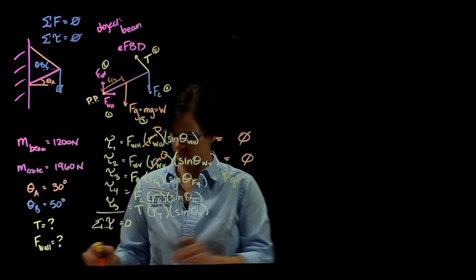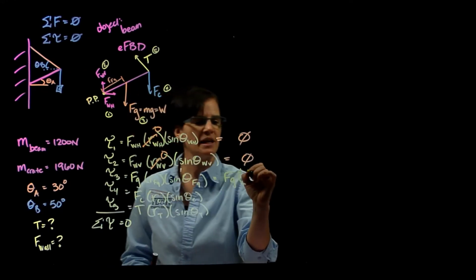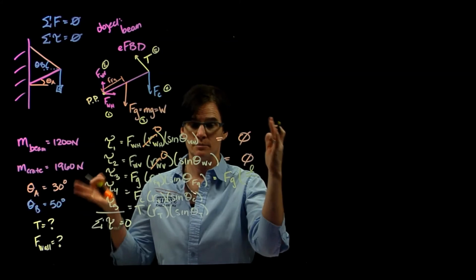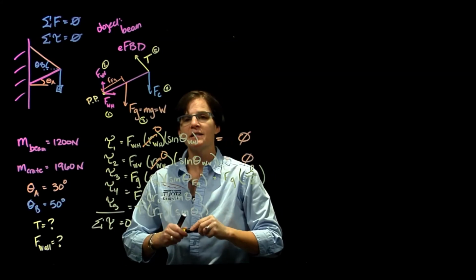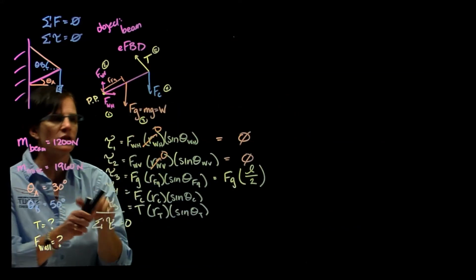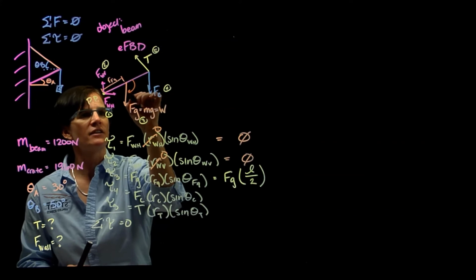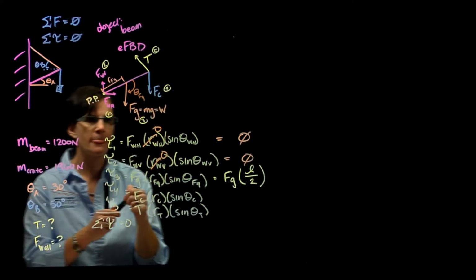I'm just rewriting my force of gravity. I'm going to write my radius, and that radius is equal to the length of the beam divided by 2. All right, what about the angle? Well, I extend that radius, and I curl to the force. So this is the angle that I am interested in for the force of gravity.